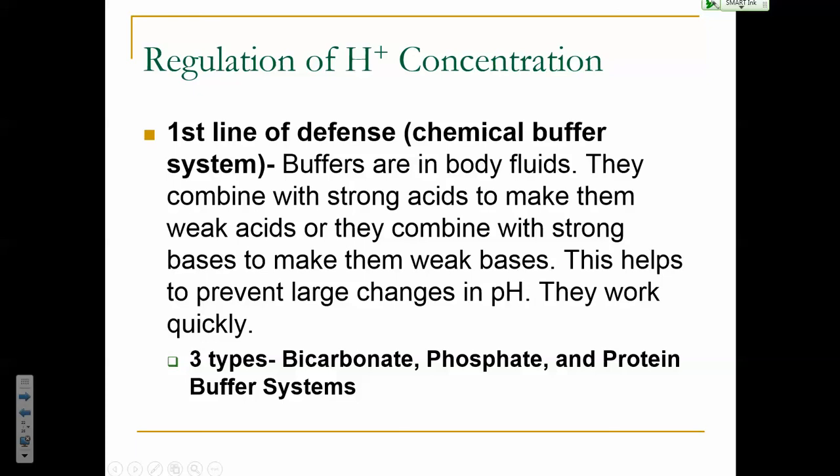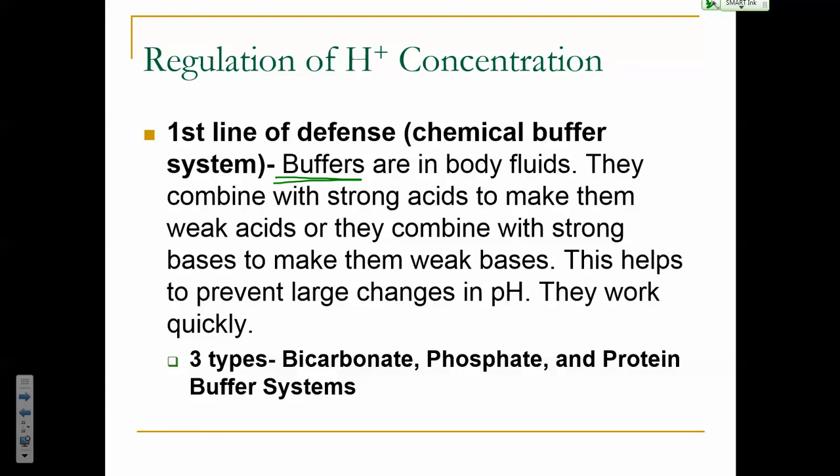You have chemicals in your body fluids that are described as buffers. And basically what a buffer does is that if you've got acidosis going on, it cannot prevent the change in pH that the acid causes, but it makes it less drastic, less of a change.